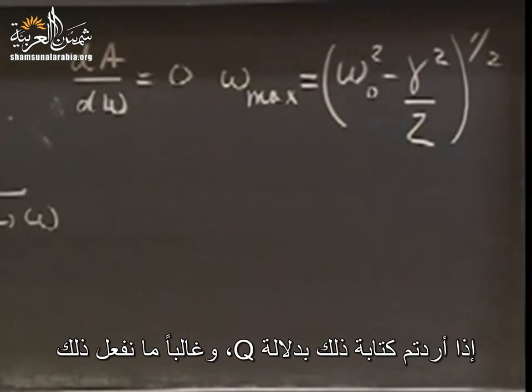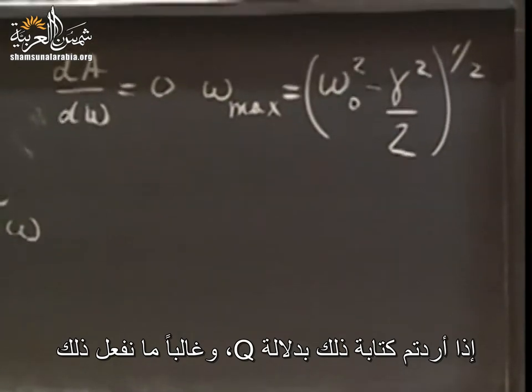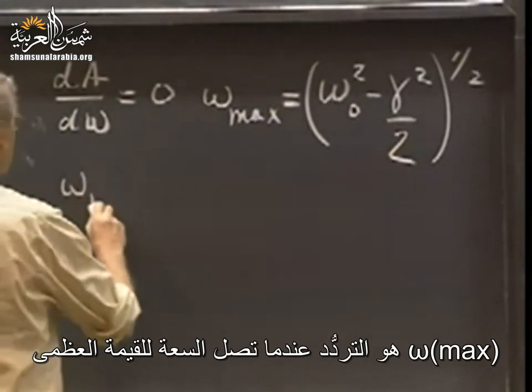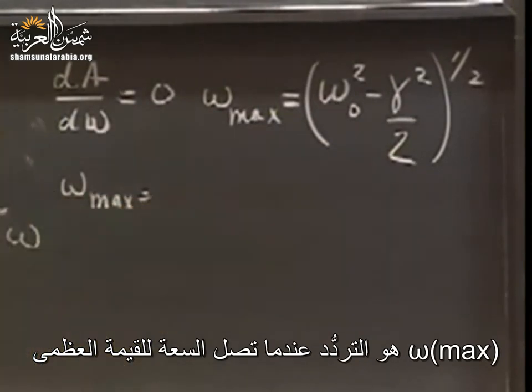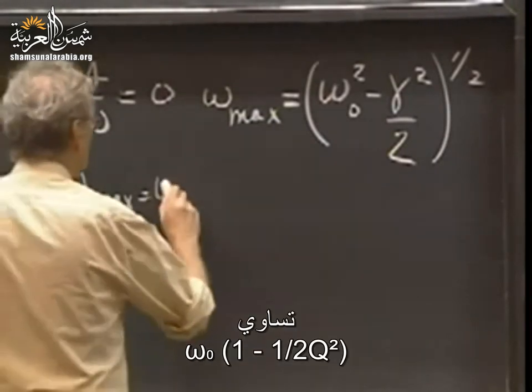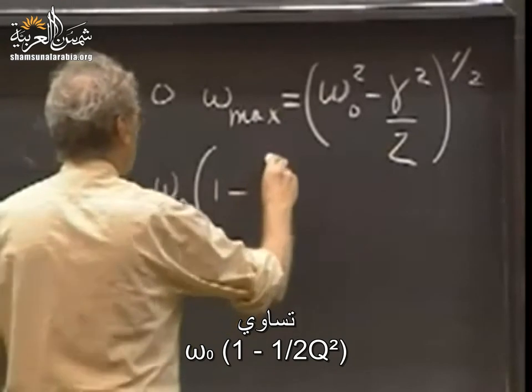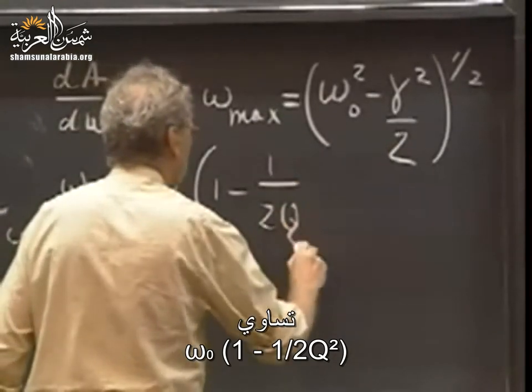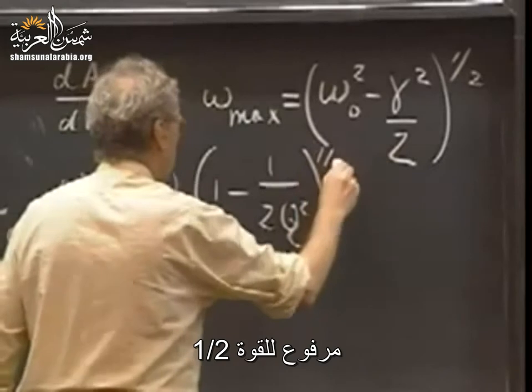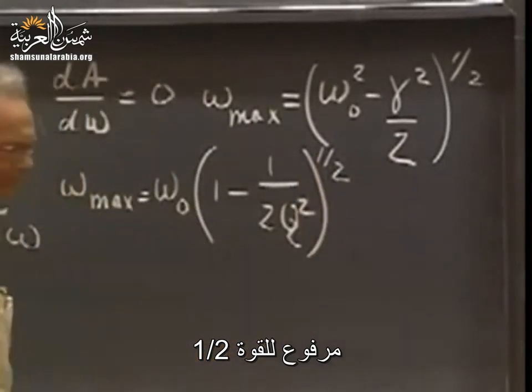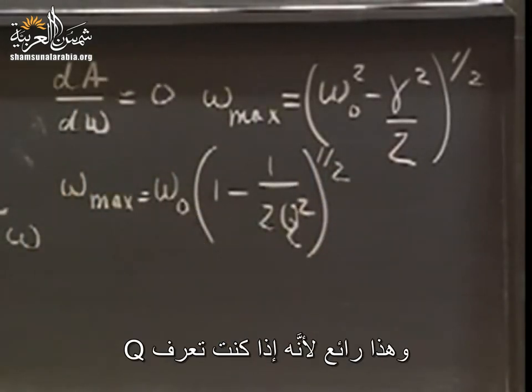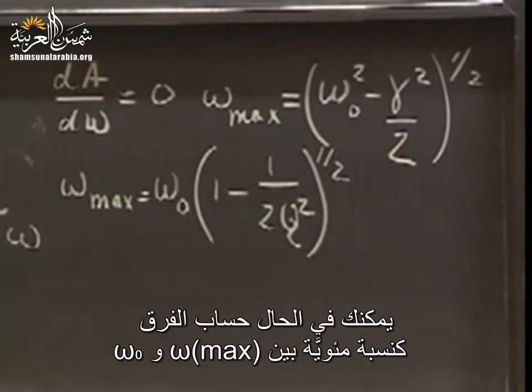And if you like to write that in terms of Q, which is often done, then omega max, the frequency at which the amplitude reaches a maximum, is omega 0 times 1 minus 1 over 2Q squared, and then the square root of that whole thing. And the reason why this is nice, if you know Q, you can immediately evaluate what the difference is percentage-wise between omega max and omega 0.